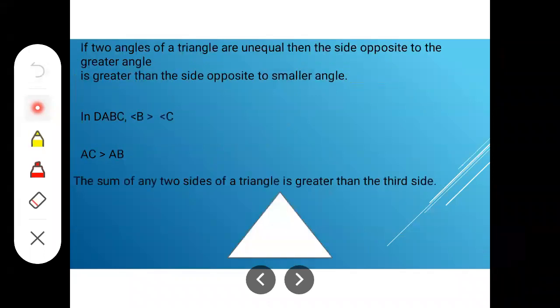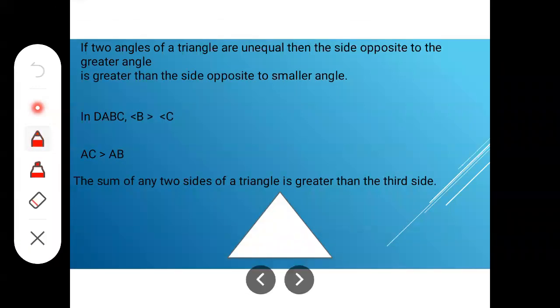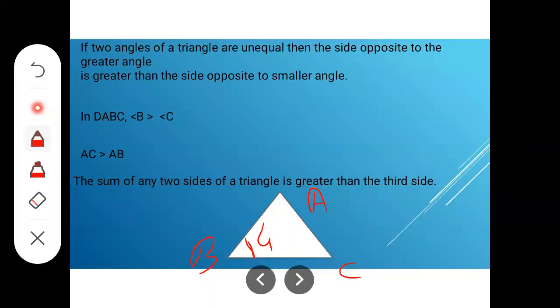Now the last, here the vice versa of the first statement. Let's see here again. The given triangle is triangle ABC. Now in this triangle, suppose angle B is greater and angle C is smaller.